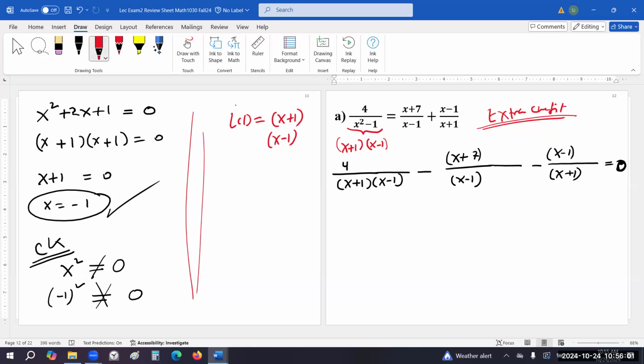So the first denominator already has our LCD, but the second denominator has what is missing. So we multiply x plus 1 on top and bottom. And how about the third denominator? Multiply top and bottom by x minus 1.